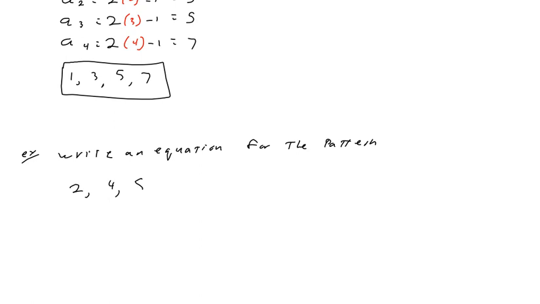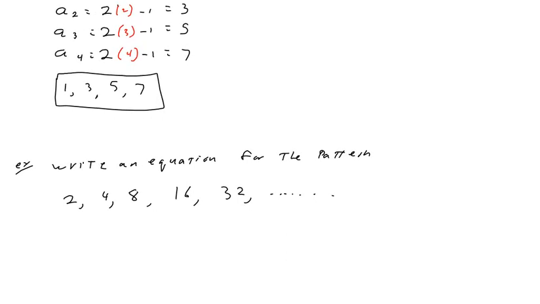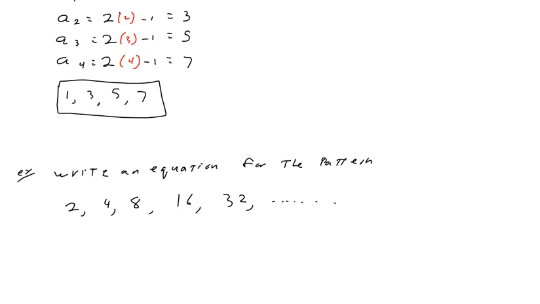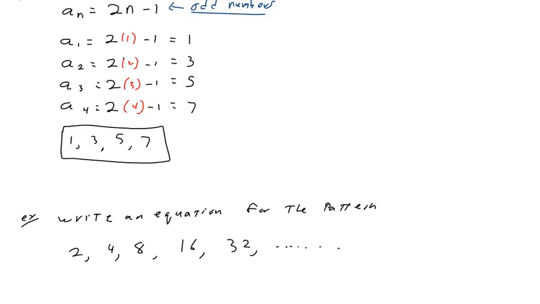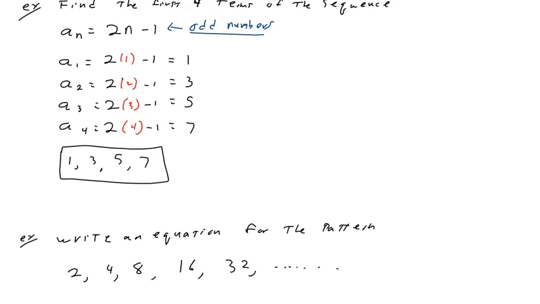So what if I had the numbers, let's do an easy one. 2, 4, 8, 16, 32, etc. All right, here's another pattern. So you know how patterns work, right?